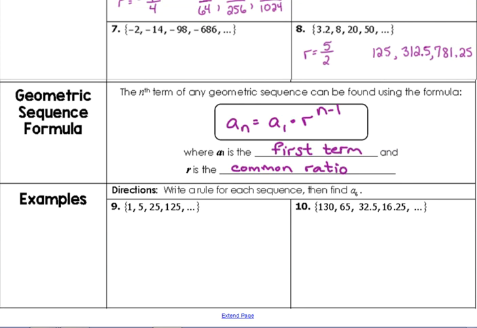So it's the first term times the common ratio raised to the n minus 1 power, where a sub 1 is, of course, your first term, and r is still, of course, the common ratio. N is whatever term we're dealing with.